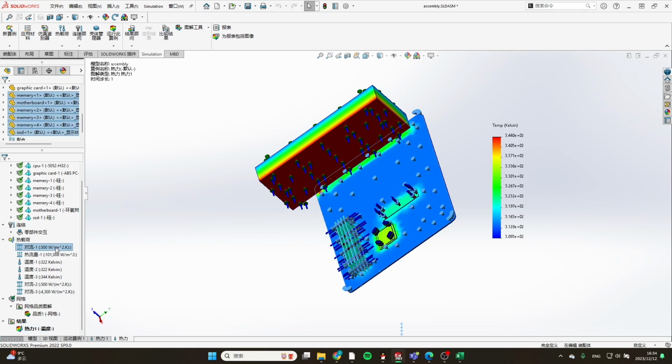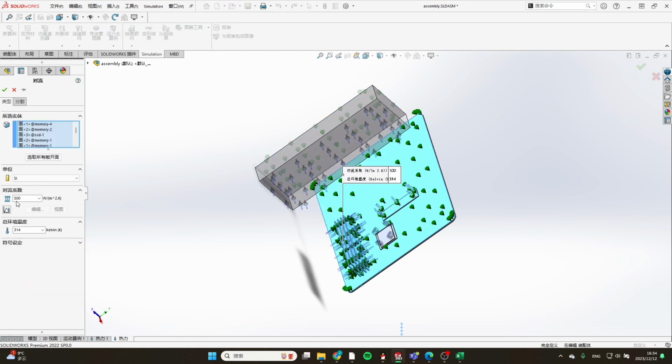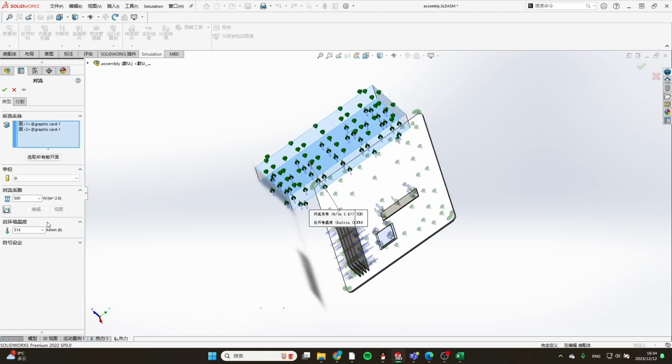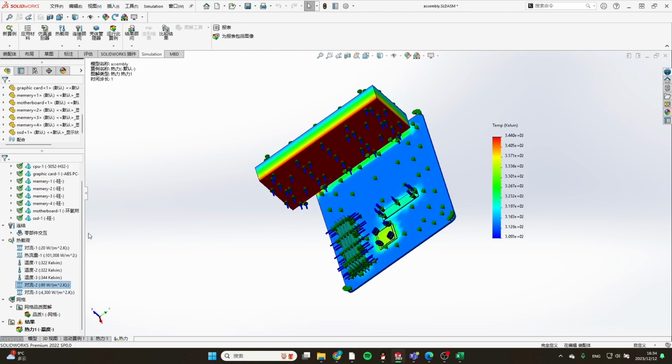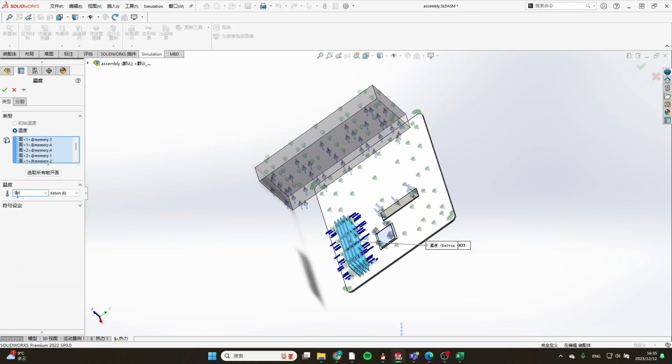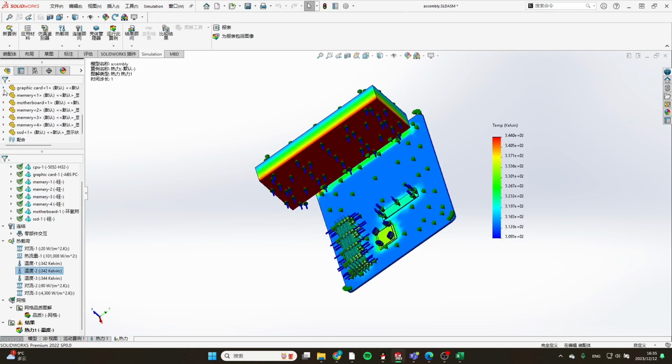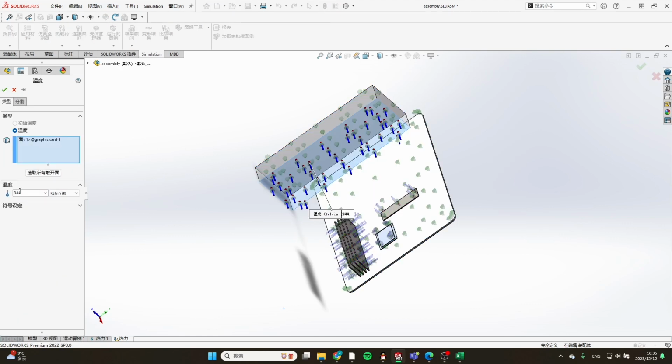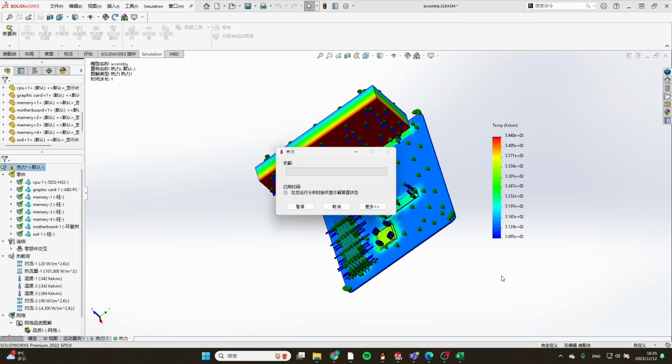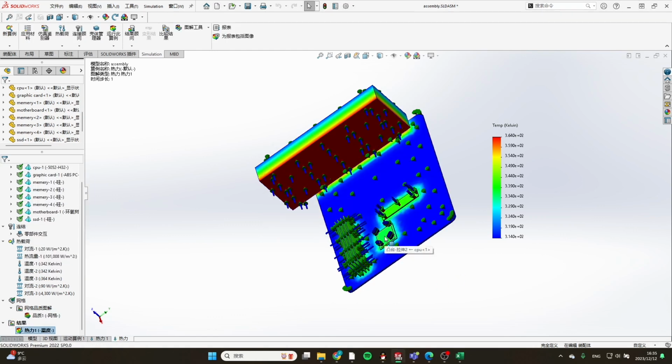So I'll dive into the change of temperature. Change it back first. I'm holding this constant as an initial value. I'm going to change all these values. I'll add 20 Celsius per component. You can see it's green.